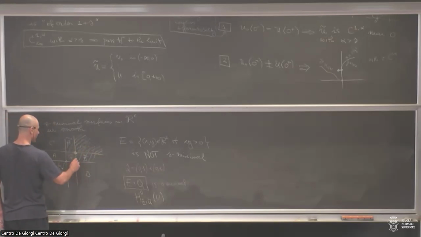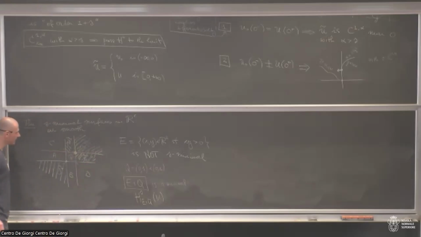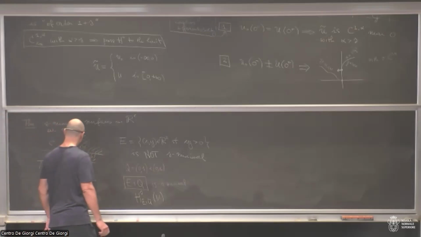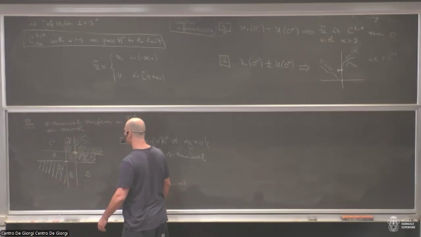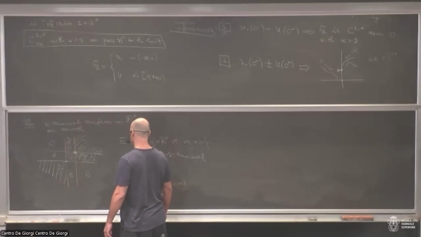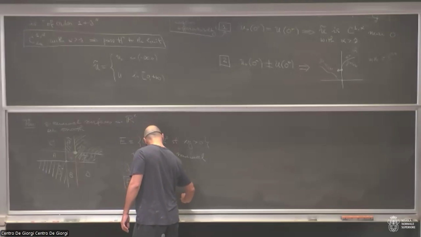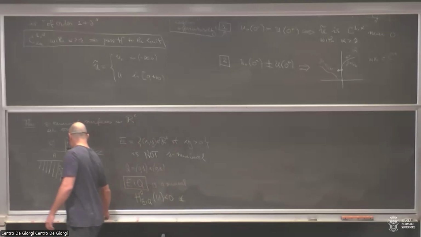Then I have this contribution here, this contribution here. Well, in principle, I have also this one, but I can, for instance, blow up at this point, and these contributions are more than this. And H_s of this point, maybe if you want after a blow up, becomes negative. And so this is a contradiction.